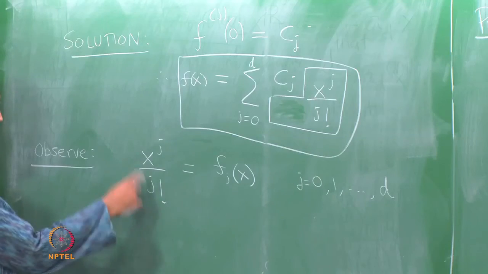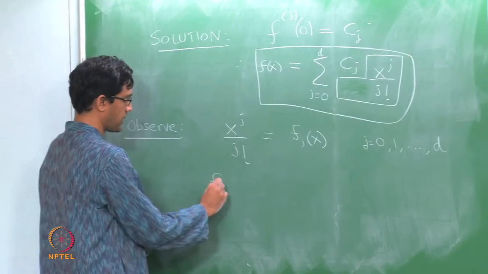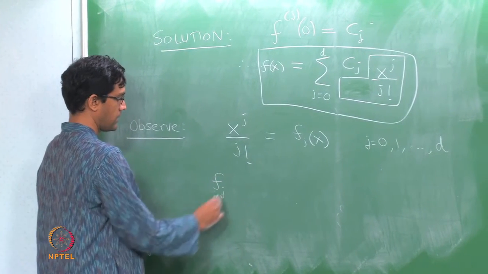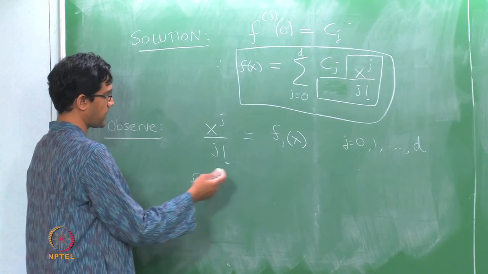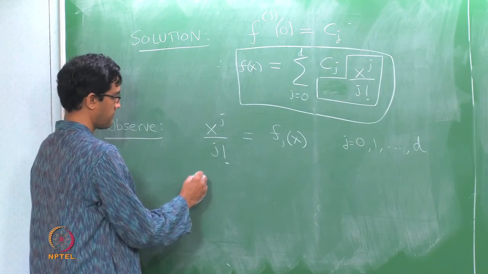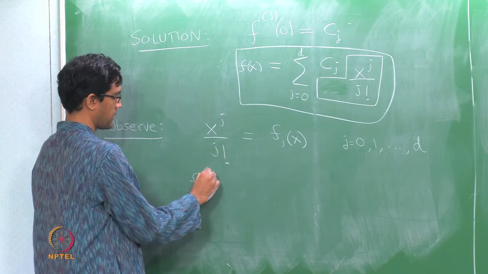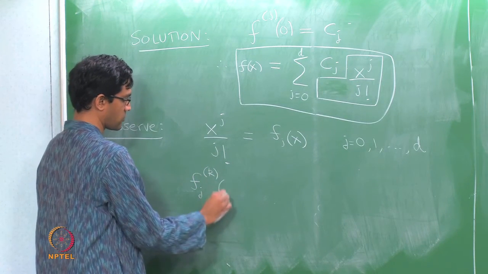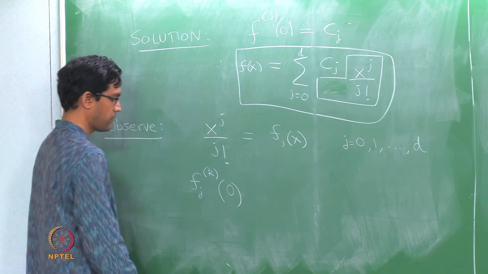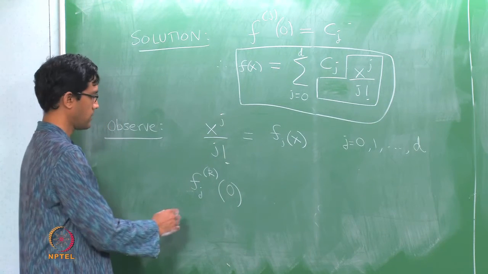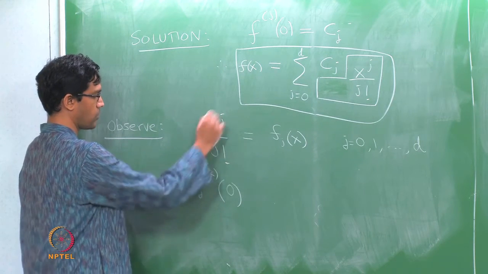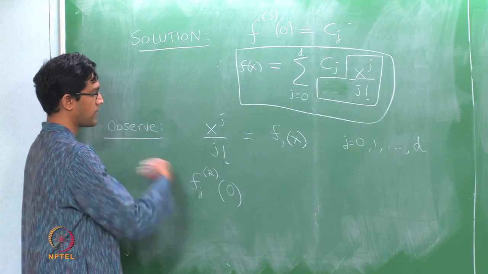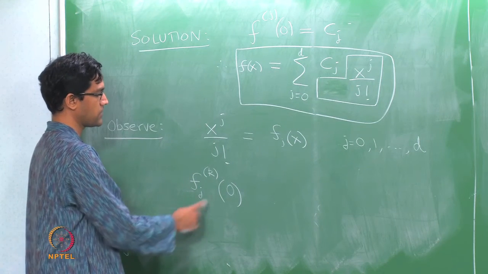Now what property does this have? If I take this polynomial fj and subject it to an arbitrary number of derivatives, say I take k derivatives of fj and evaluate it at 0, what is the answer?